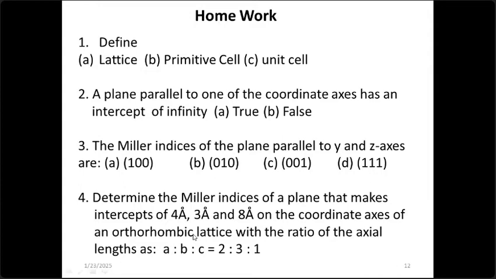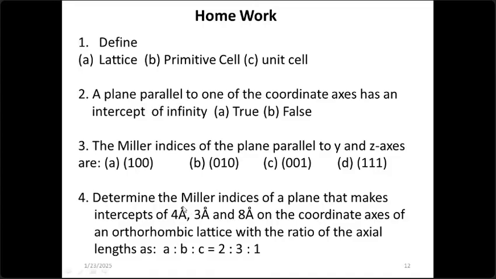So I want you to take a snapshot of this homework so that you do it at your own time. Question number three, the Miller indices of a plane parallel to the y and z axis, what are they? If it is parallel to y and z, it means it cuts across the x-axis.